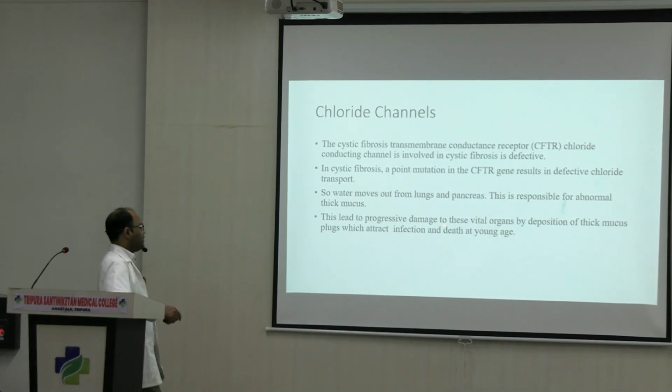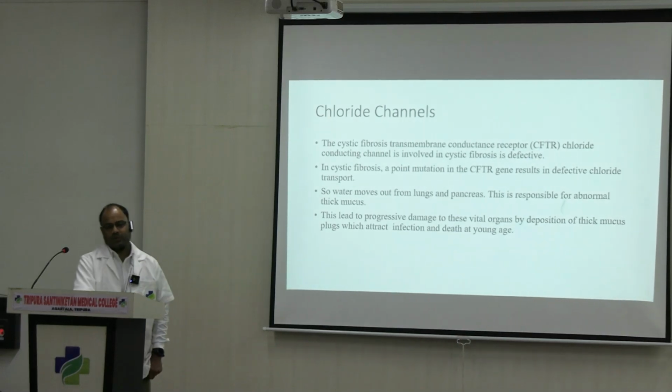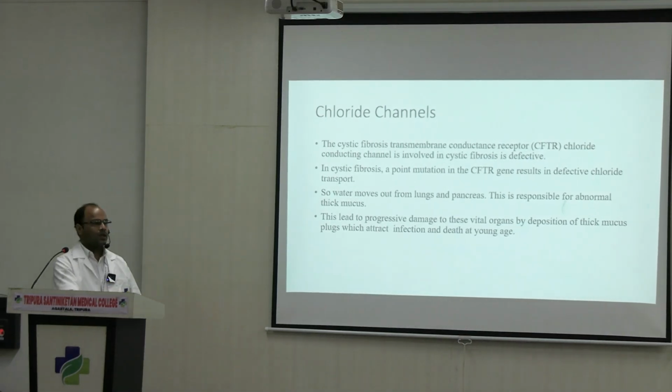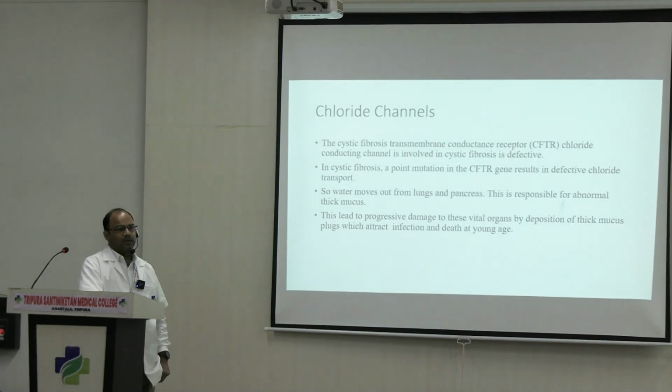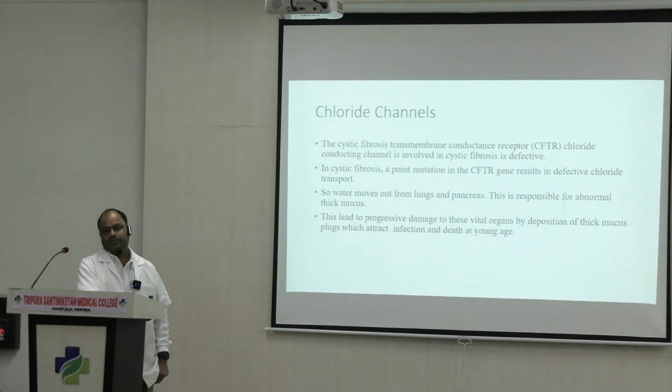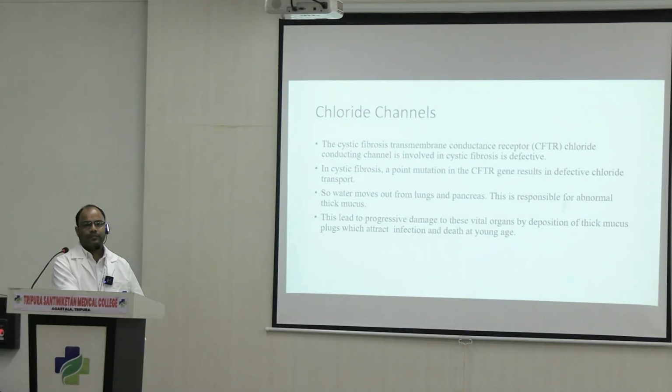This leads to progressive damage of these vital organs by deposition of thick mucus plaques which attract infection and death at a young age. Cystic fibrosis. Just remember this term, CFTR gene and defective chloride channel. This is one disease. Okay.